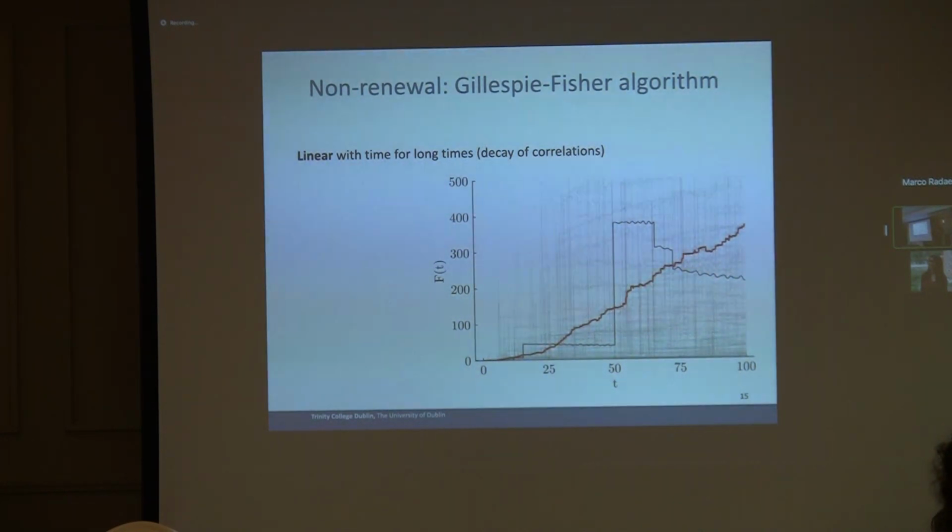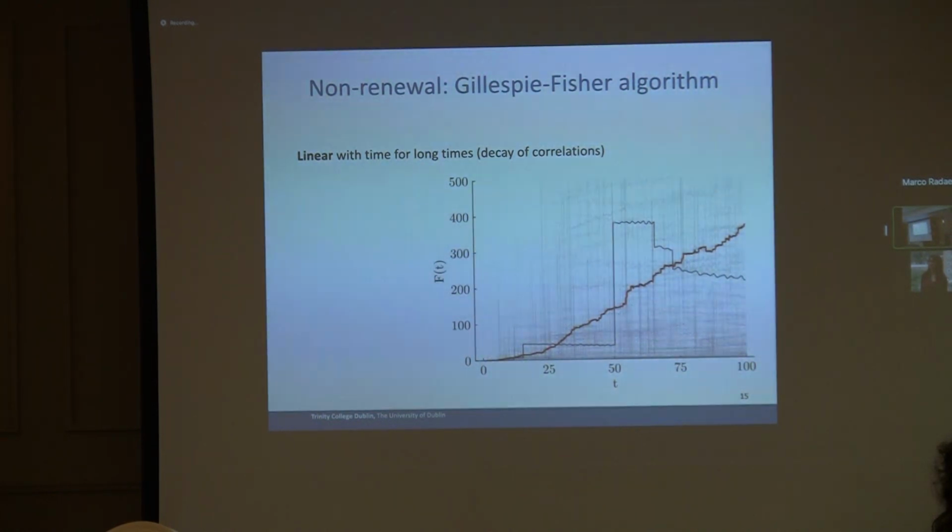Now, even though this is not a finite Markov order process, so this is not a very precise argument, the linear behavior of the Fisher information is usually correlated with a decay of correlations. So if correlations decay fast enough, we expect to have a linear behavior of the Fisher information.